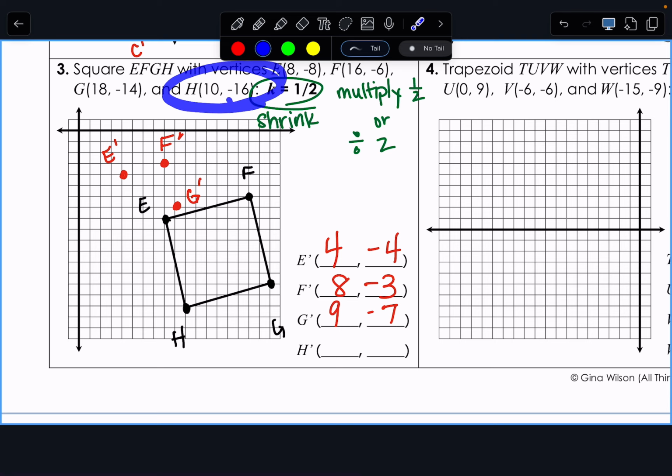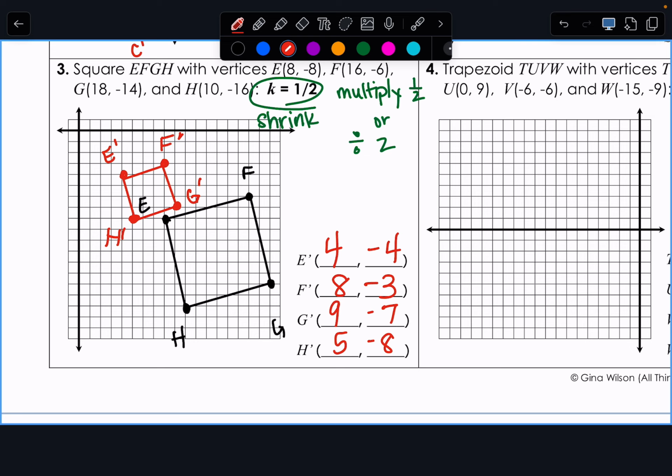We cut those in half. What do we get? 5, negative 8. Okay, so our red square that I have up here is now half the size of our original square.